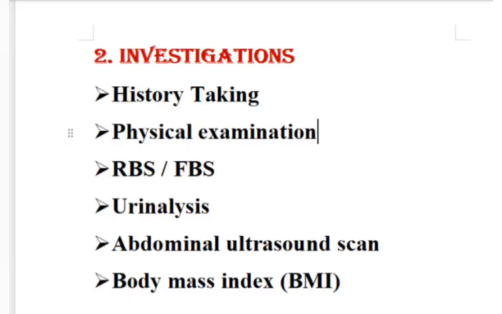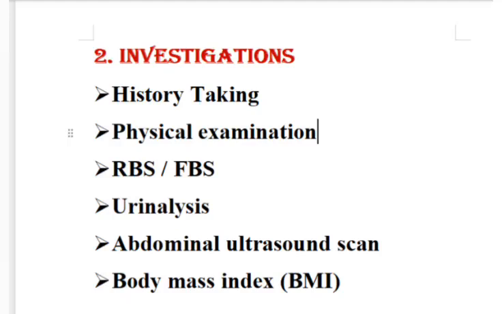So history taking, where we will review the signs and symptoms: I've been urinating frequently, I've been feeling hungry frequently, thirsty, I feel dehydrated, dizzy, I feel weak. All those things will be taken through the history taking part.